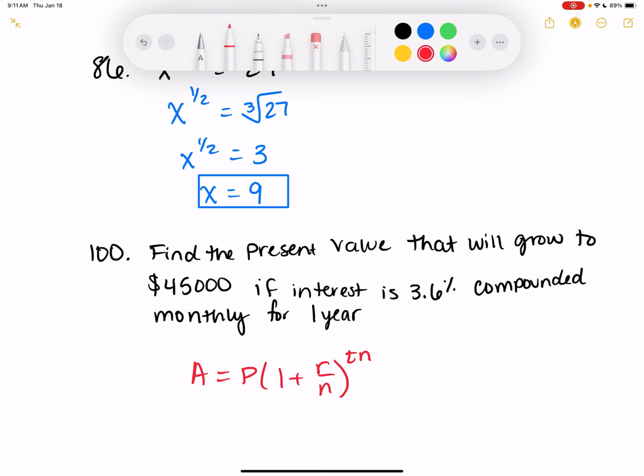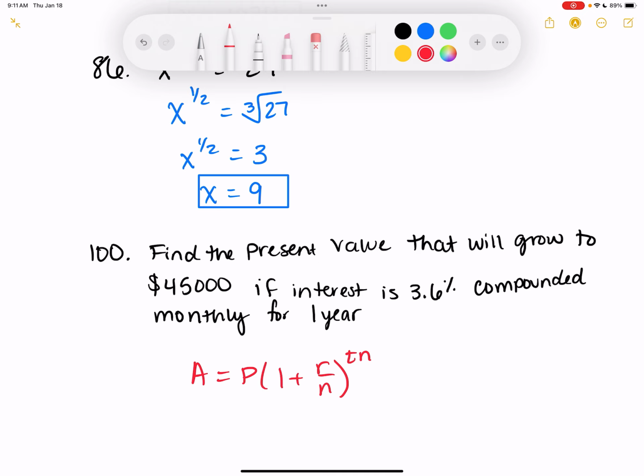Wait, this book uses different letters than I usually use, so let me make sure we're good. P is the present value. What we're trying to find is what we need to deposit for it to get to this $45,000.